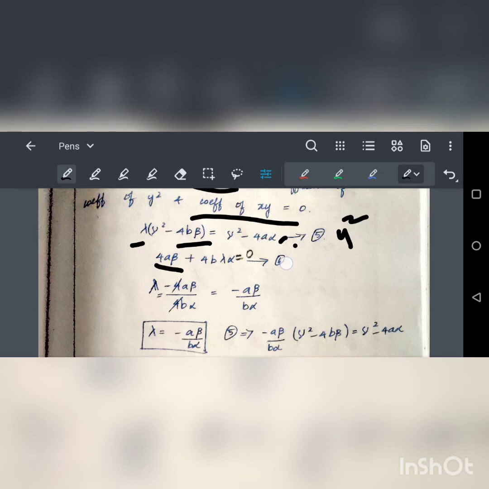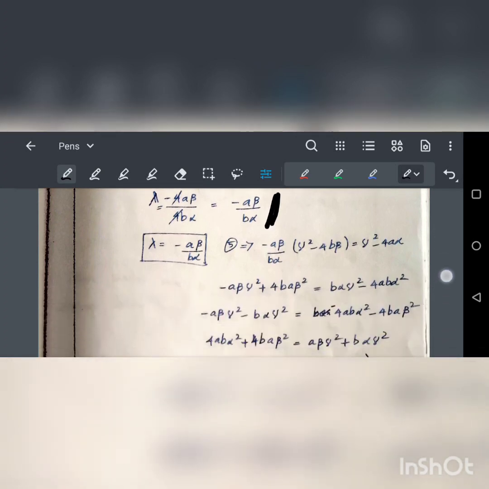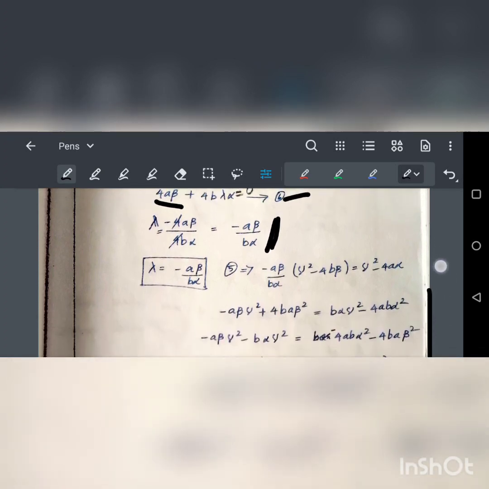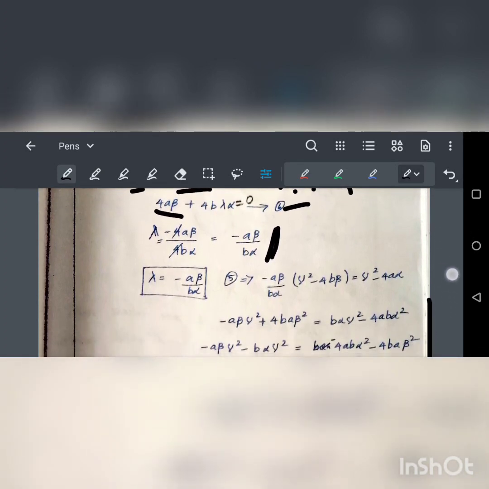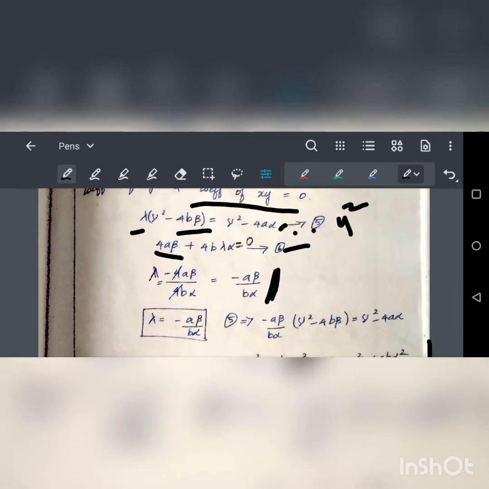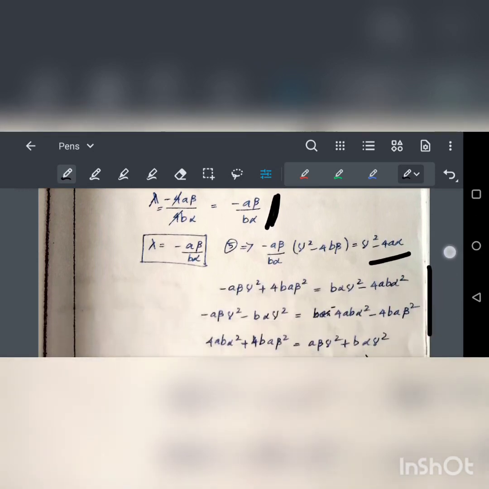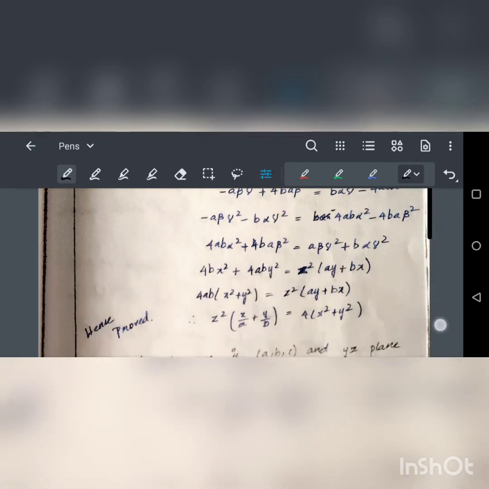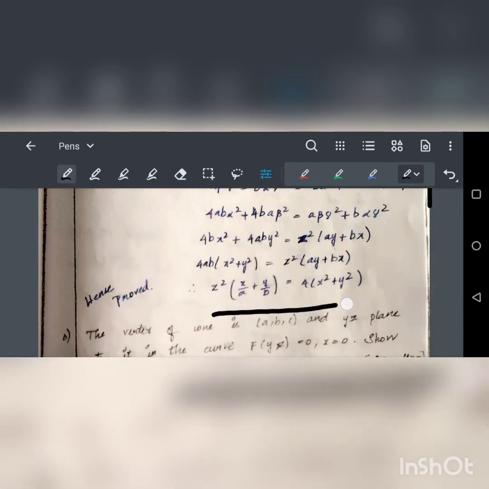So from your sixth equation you can find the value of lambda, replace it back in your fifth equation, so that you will have minus alpha beta by beta alpha into gamma square minus 4b beta equal to gamma square minus 4a alpha. Just simplify this and you will get the required result.